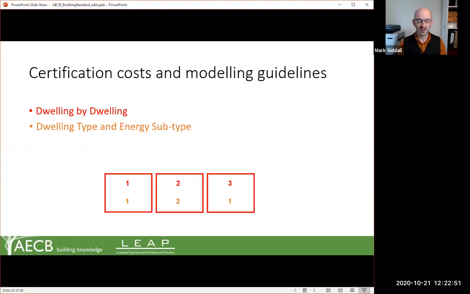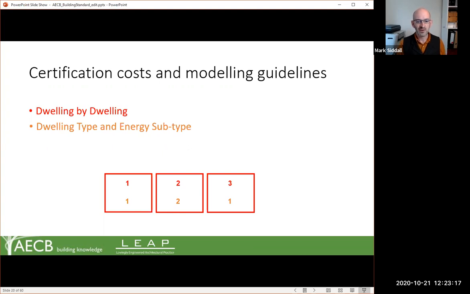So what that means is that if we have this as a notional terrace here, these three red boxes, then we've got two end terrace types with the same configuration of windows, same orientation, no windows on the gable ends for argument's sake, and therefore they're comparable, and therefore these can be energy subtypes of a particular house type, if you follow.